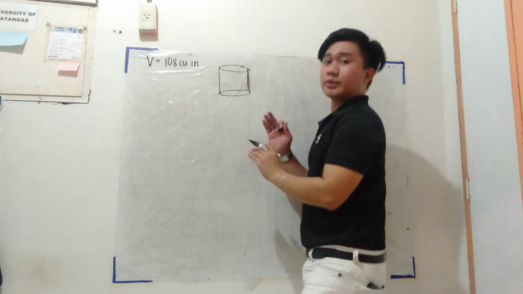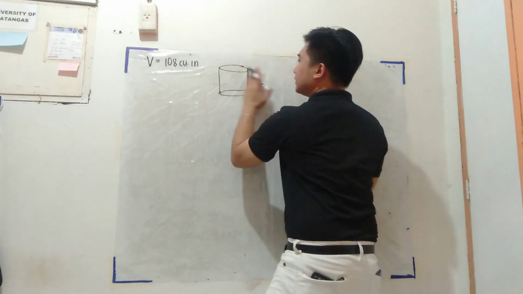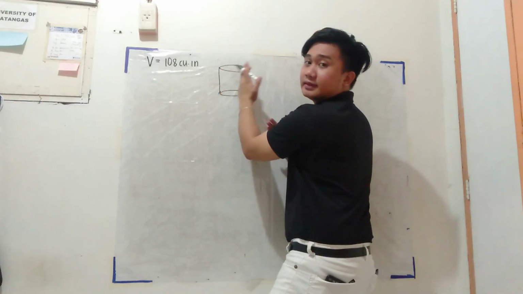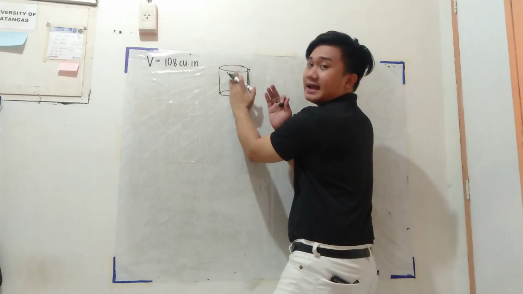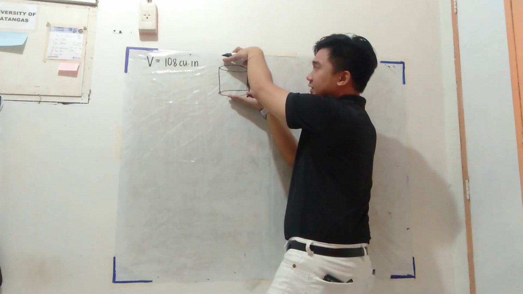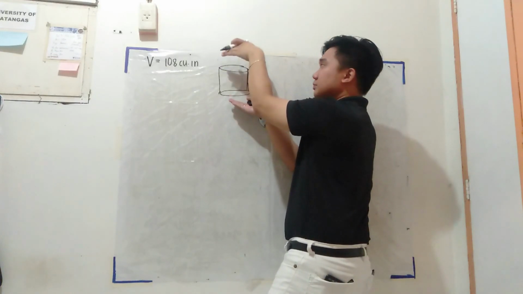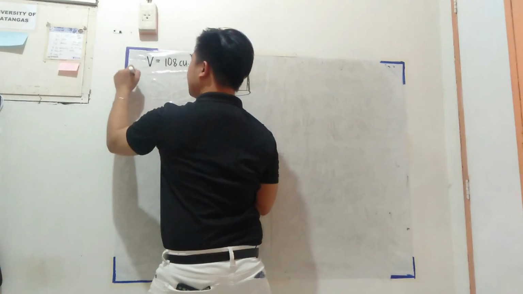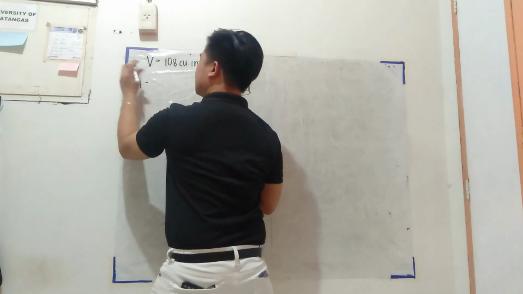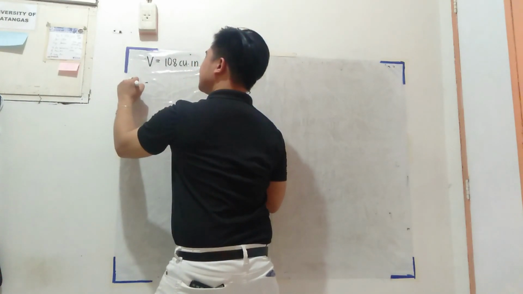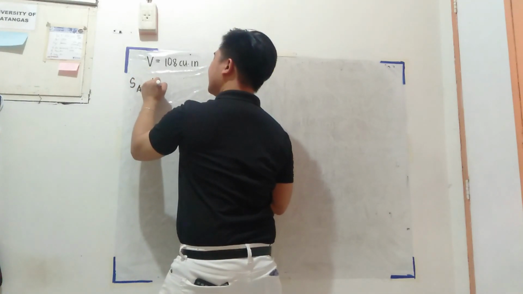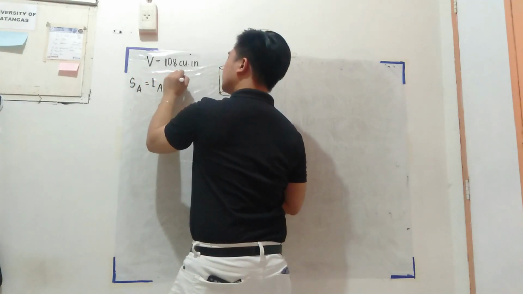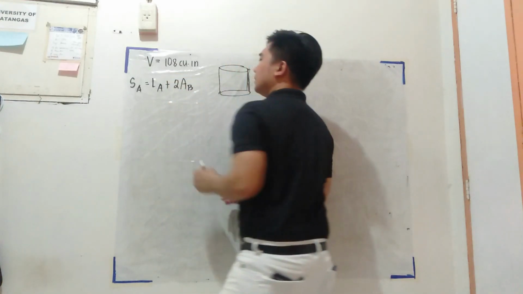ang surface area po is yung area na ito, itong nakapalibot, ang tawag doon ay lateral area. Tapos, plus natin yung area ng base natin. So, base 1, base 2. So, surface area is equal to lateral area plus 2 times area ng base.